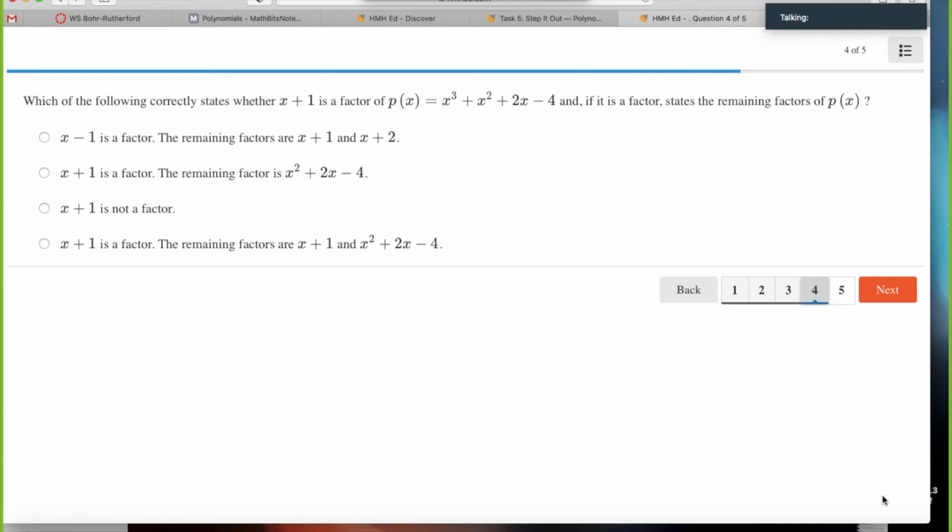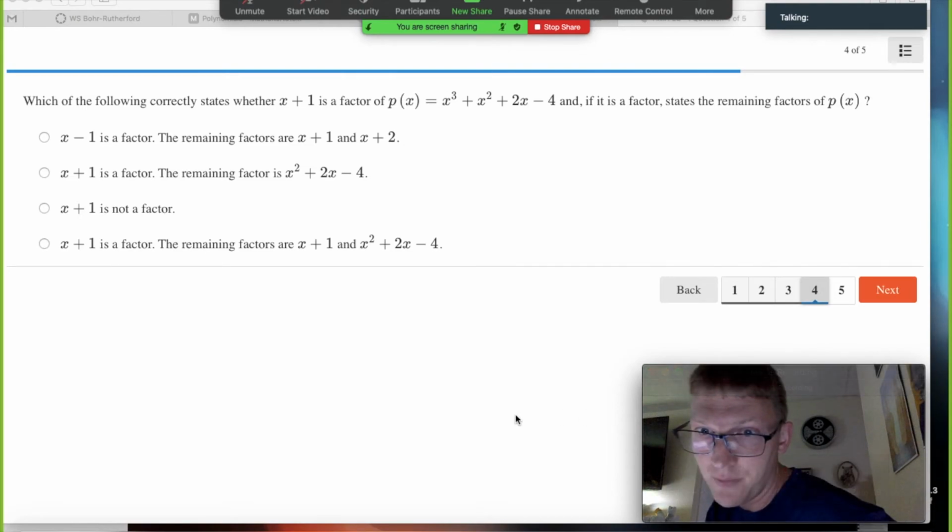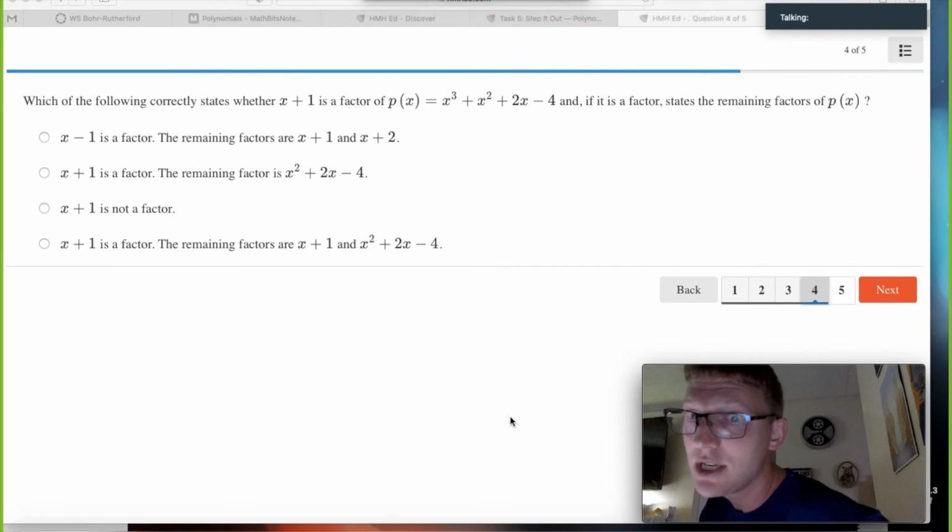Which of the following correctly states whether x plus 1 is a factor of that, and if it is a factor, states the remaining factors of p of x? I don't know. So this is a situation where synthetic division is actually kind of useful. I begrudge to say, but whatever. Nobody likes synthetic division. I'm just kidding.